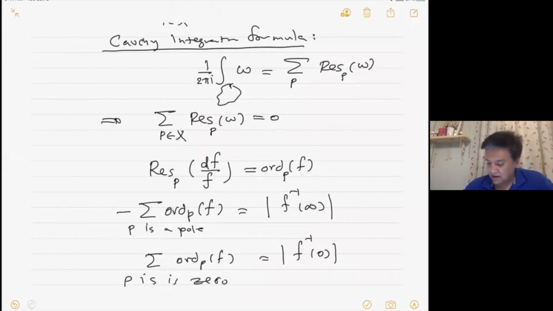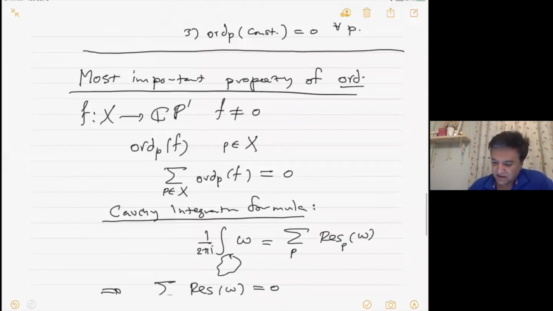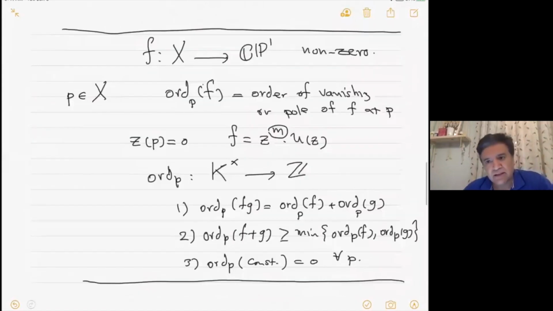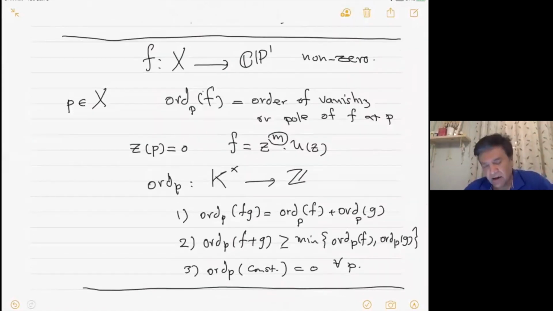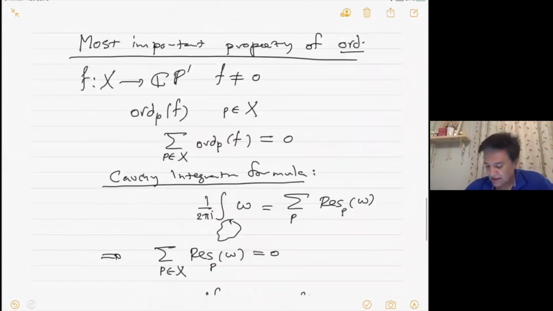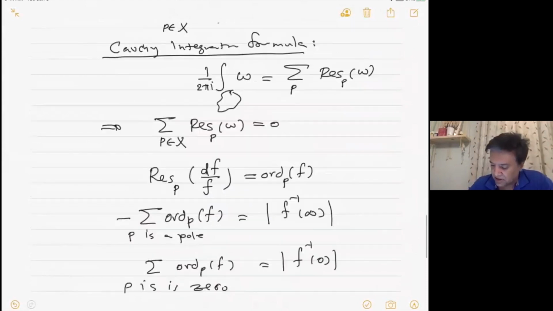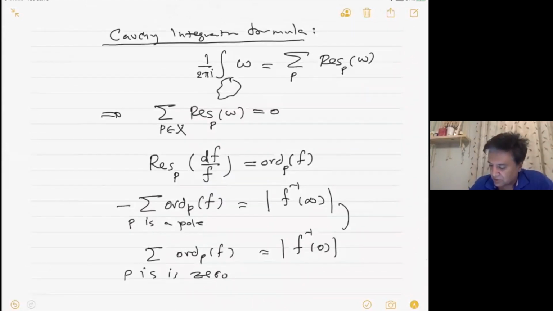And so you know that a meromorphic function X to CP1 is a branched covering of degree d. So it's almost always d to 1, except at some ramified points. And at those points, you have to count multiplicities. So counting multiplicities, these two numbers are the same and equal to the degree of the covering space.